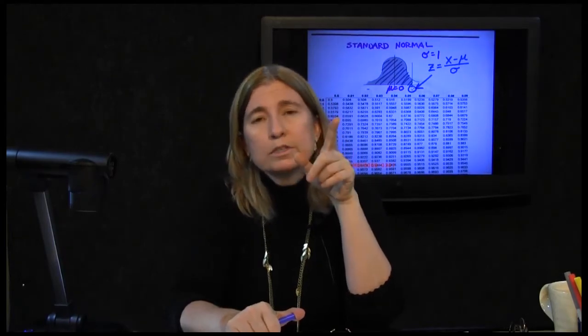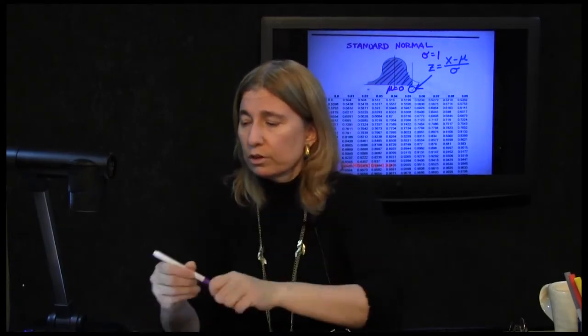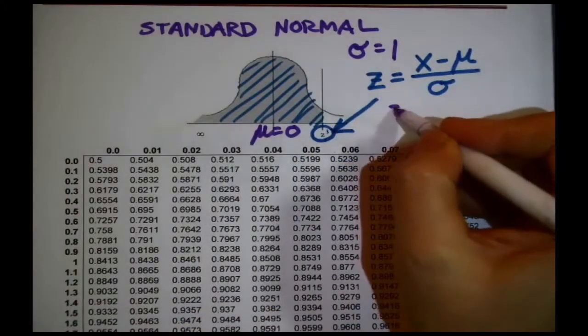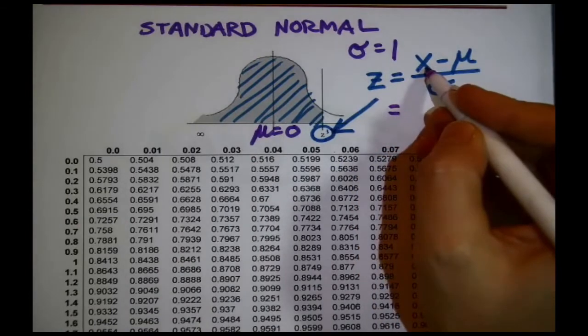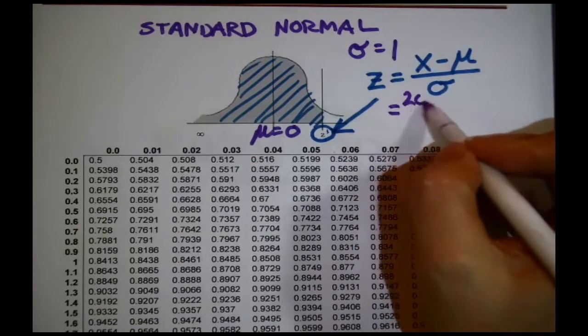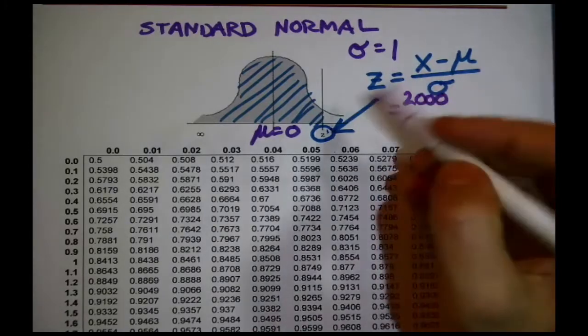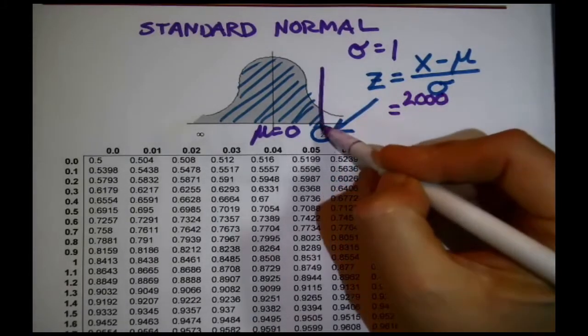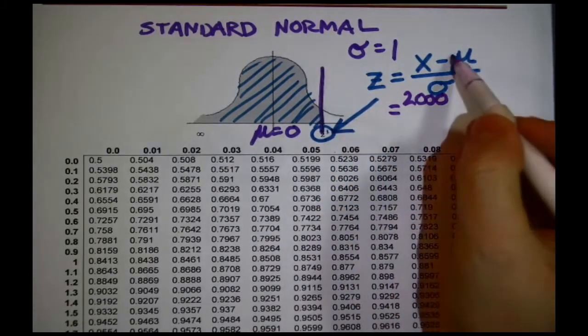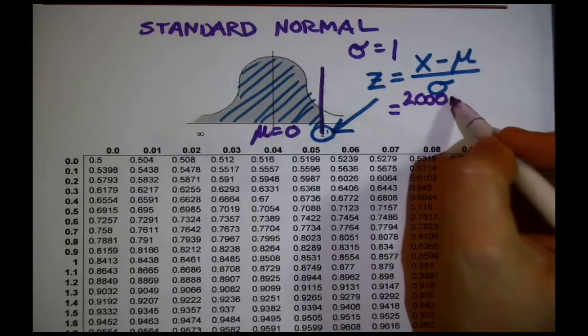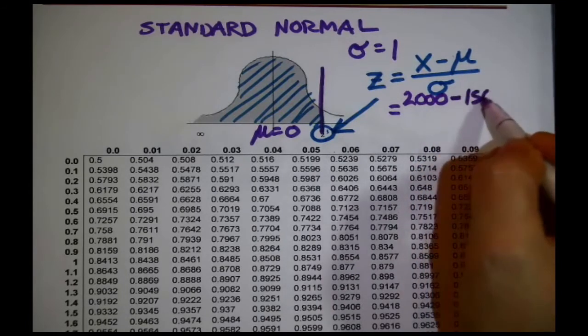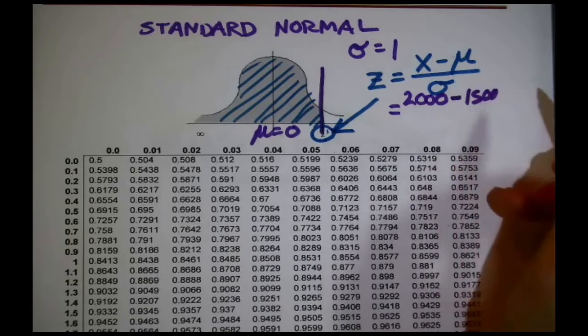What's that? Pretty simple. The X, for instance, is the number that you're interested in, and in our case, it's 2,000. That's that reorder point that we're looking at. In our curve, that's actually what this line is. What's mu? That's the mean of our curve, which is 1,500.